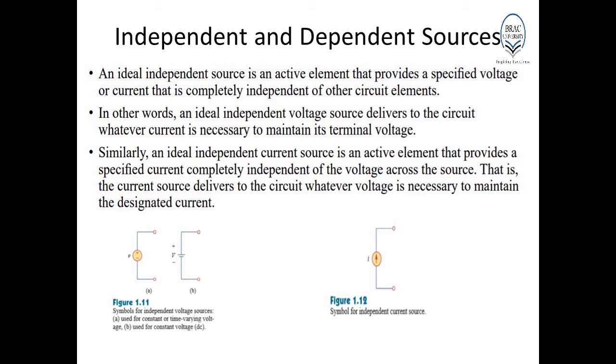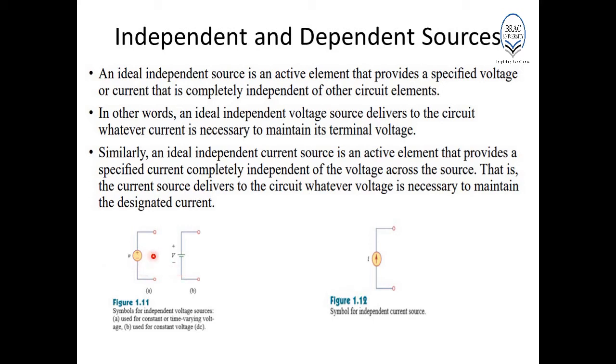For example, if you buy a battery which has a 5-volt potential across its terminal, it will always provide 5-volt potential difference irrespective of whatever current flows through the circuit.